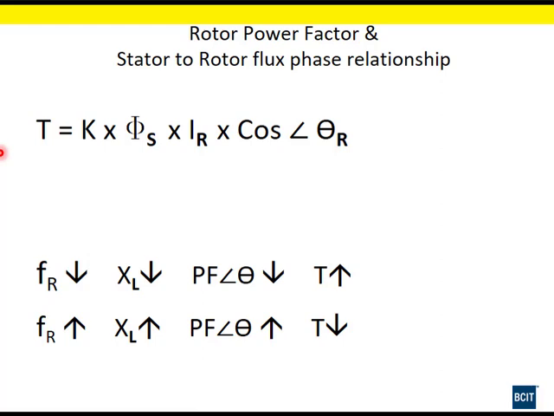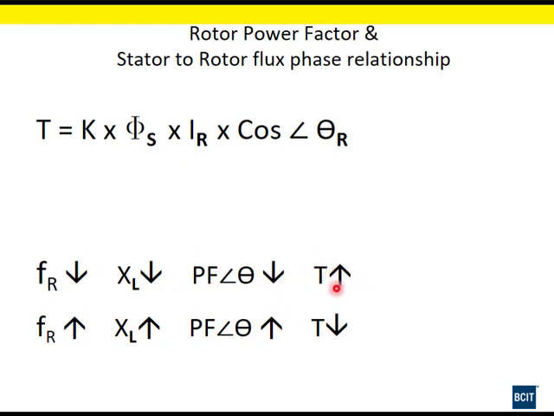When we look at our torque formula again, where we have a constant times our stator flux times our rotor current times our power factor, we can see how the power factor is going to affect the amount of torque our motor is going to be putting out. As our motor accelerates, our frequency is going to go down. It's going to reduce. Our inductive reactance is going to go down.